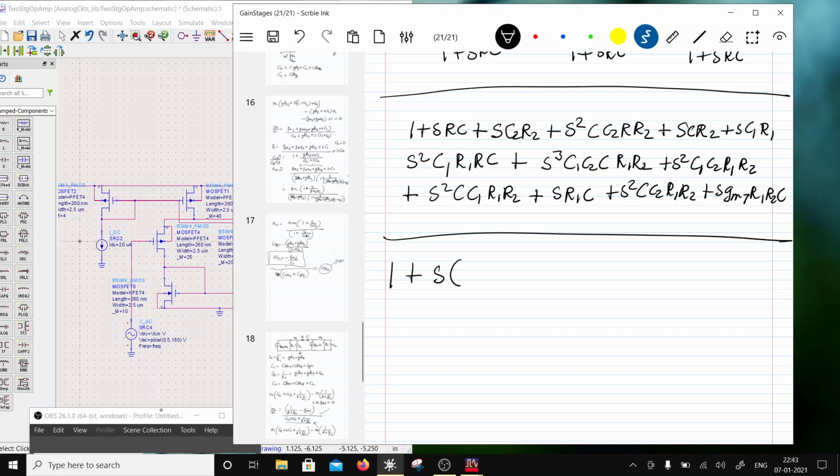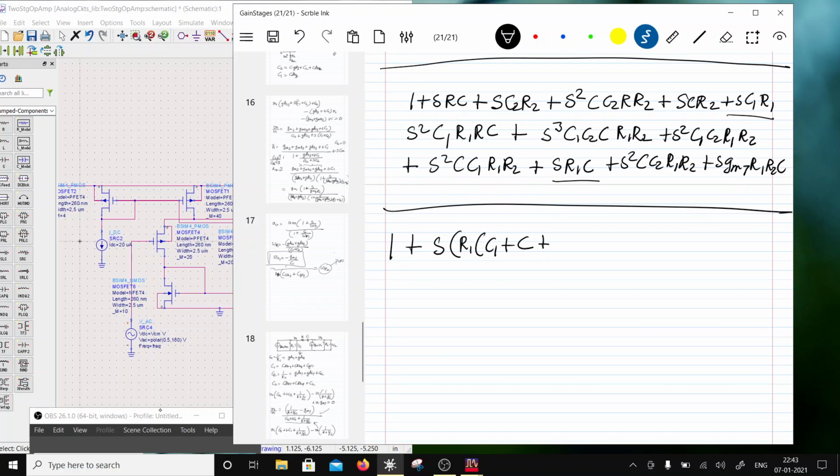Okay, S with R1 is R1 into C1, R1 into C1. So this term is done. Then SR1, just SR1. So here is another one, plus C, right? And then SR1 is over here also, plus, so I have accounted for this one and then plus this one.